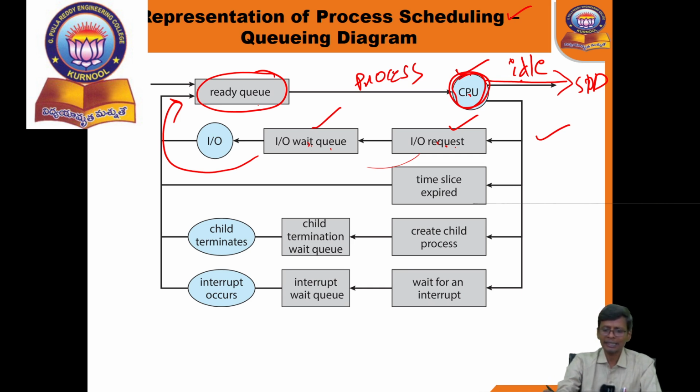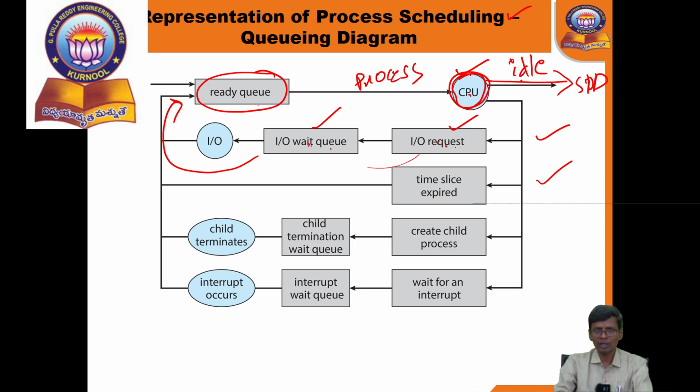The second case that arises is while executing a process, if the time slice expires. Like in the next video, we'll discuss scheduling algorithms, for example, the round robin scheduling algorithm. In that algorithm, every process has to complete its execution within the time quantum.